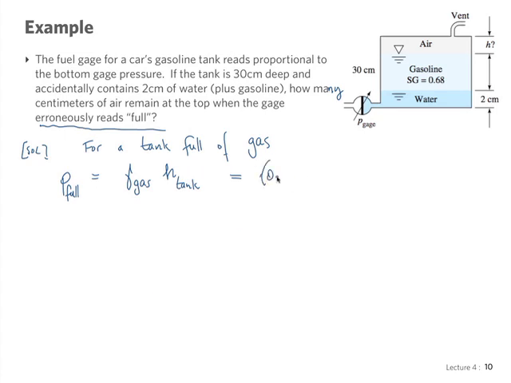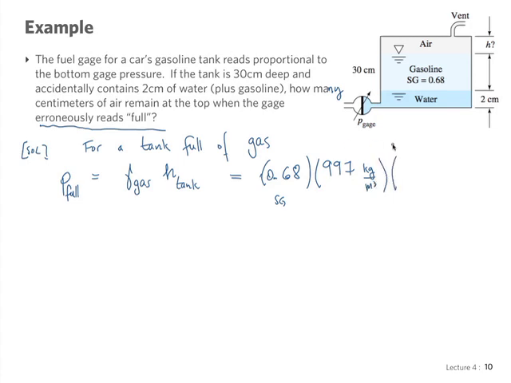And so I have 0.68, the specific gravity, multiplied by the density of water, 997 kilograms per cubic meter, and the acceleration of gravity.